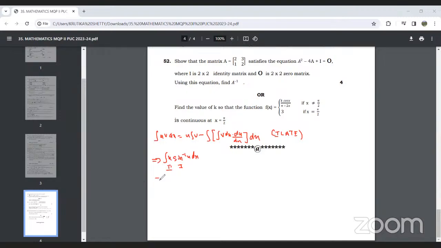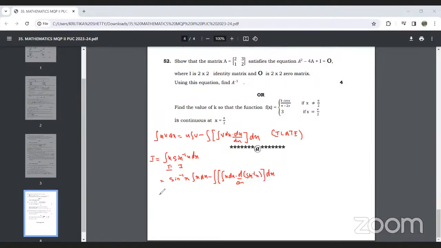Let us simplify. First function sine inverse x as it is. I will consider this integral as I. So I is equal to integral of x sine inverse x dx. The first function sine inverse x as it is, integration of x dx, minus integration of x dx into d by dx of sine inverse x dx.